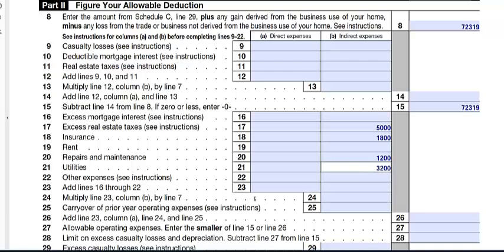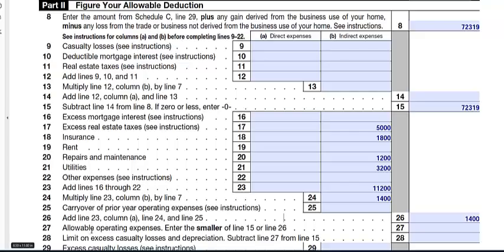And the total expenses on line 23 will be $11,200. In 24, we're going to multiply the $11,200 by the percentage of business use. So 12.5% of $11,200 is $1,400. There's no carryover, so we'll bring that over to line 26.